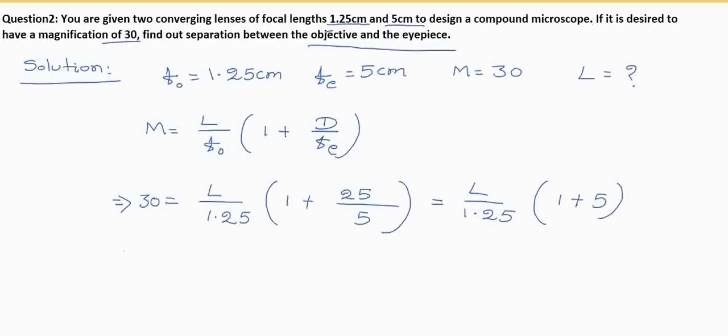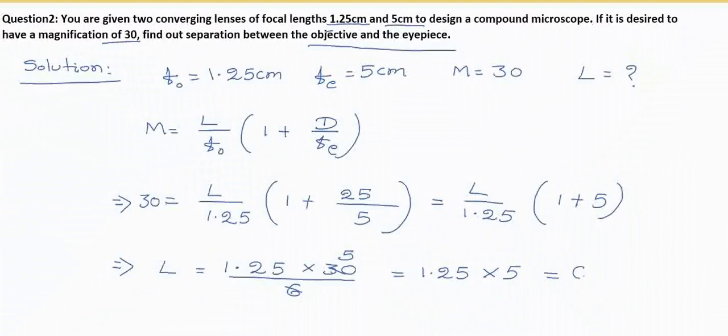This implies L is equal to 1.25 into 30 divided by 6, which is 1.25 into 5, equal to 6.25.